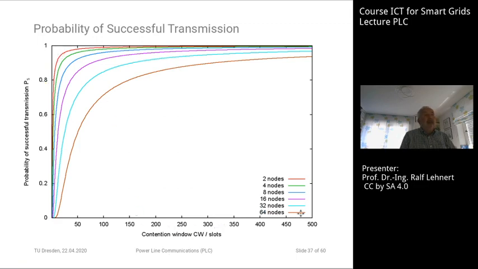If the system is larger, extreme in this case 64 potential colliding transmitters, then of course your contention window must be longer. If you want to be above 80%, then you will need a contention window size of approximately 150 slots.